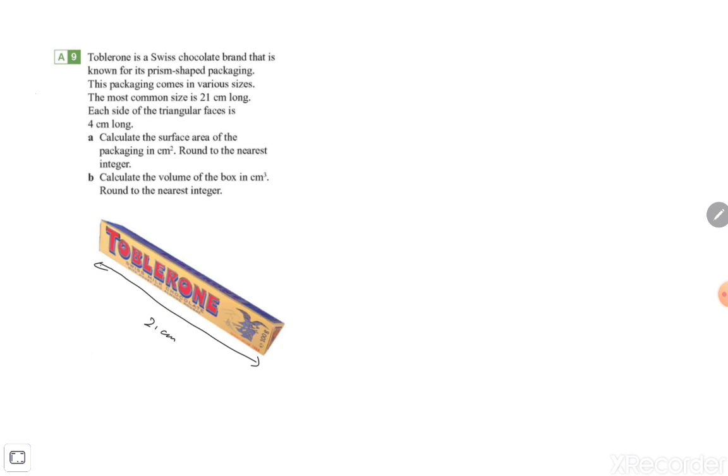And in front there you'll find an equilateral triangle with all sides of 4 centimeters. So to calculate the total area, let me just start with the triangles.